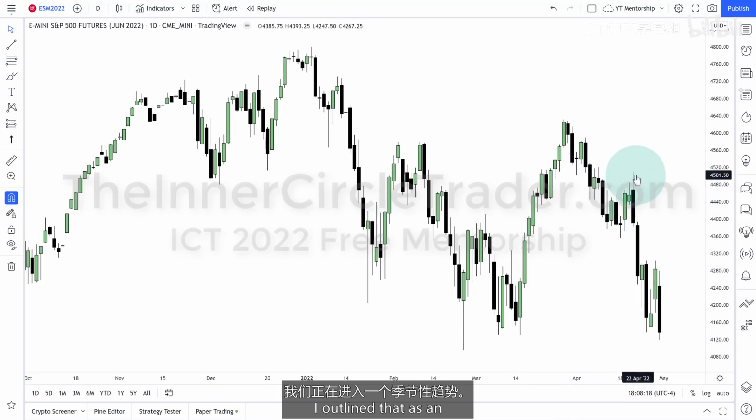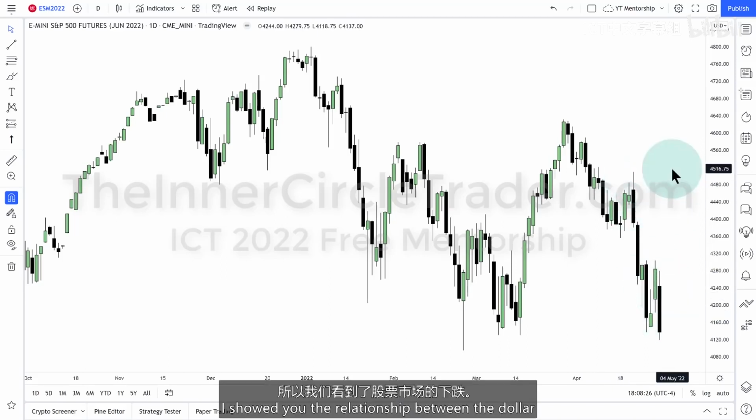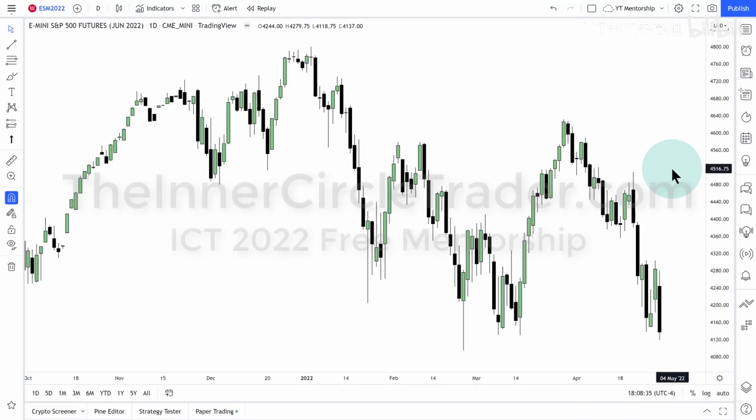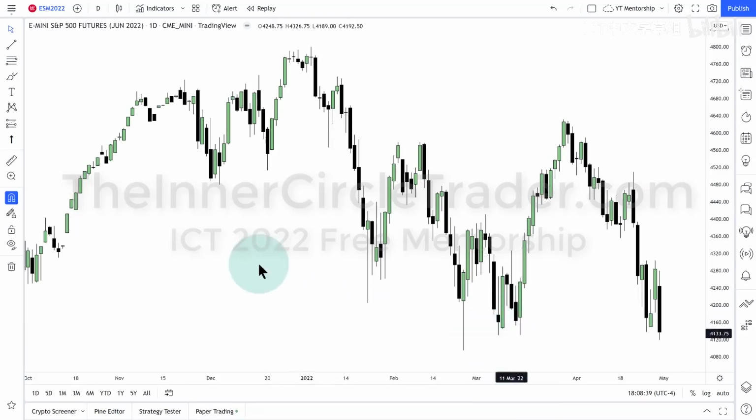I outlined that as an area to watch, and we're entering a seasonal tendency, so we were expecting lower prices. We got lower prices. I showed you the relationship with the dollar because it's risk off. So we have all of the decline taking place in the equities markets. And I said that we would likely draw down into this relative equal low.